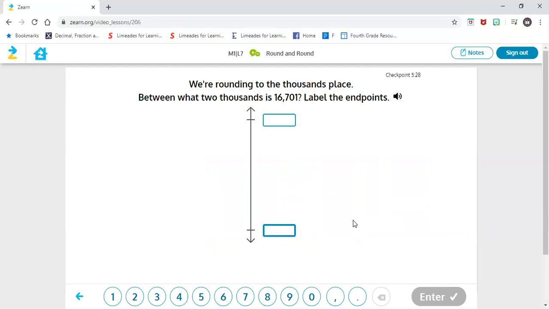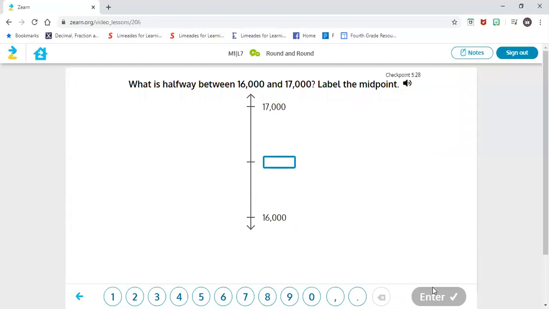It could stay the same, so my 16,000 will stay the same, and all the numbers behind it will become 0. Or my thousands place could go up 1. If I have 16,000 and it went up by 1,000, what will I have? Yes, 17,000. Make sure I put my comma there. So those are my two choices for my answer.